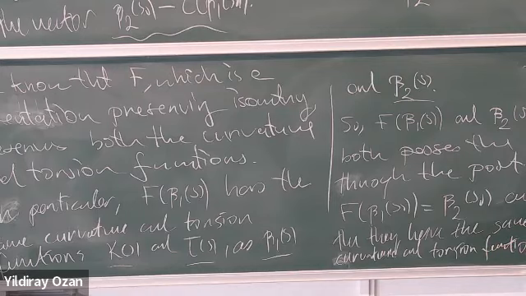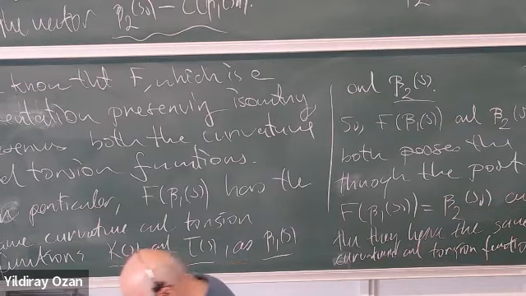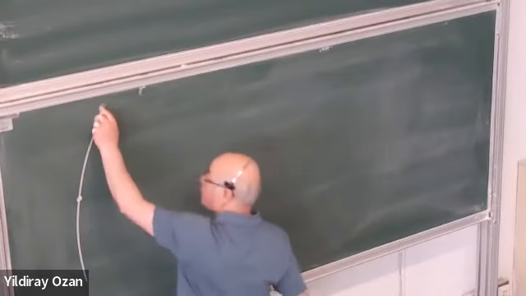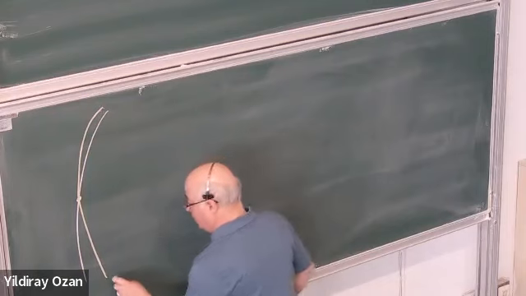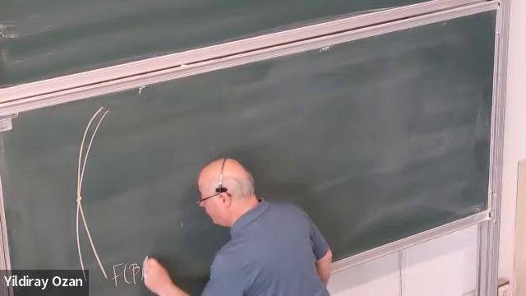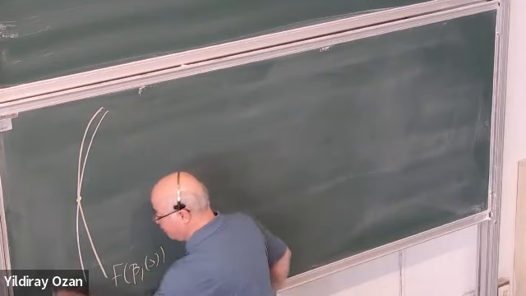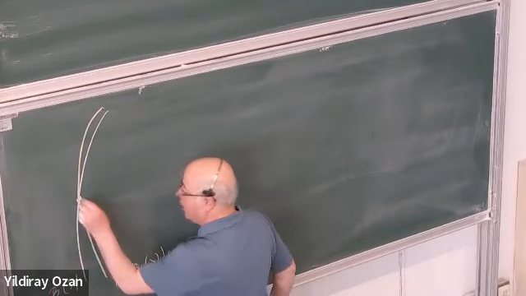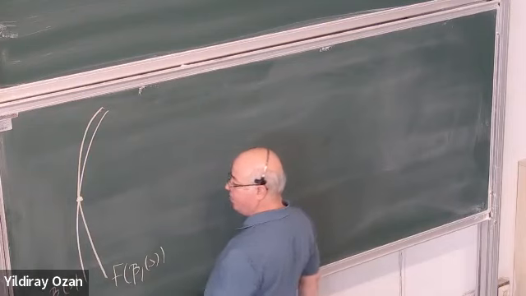Okay, so let me draw you a picture. Let me change the board. So this is F of beta 1 S, and this is beta 2 S, and they pass through this point.